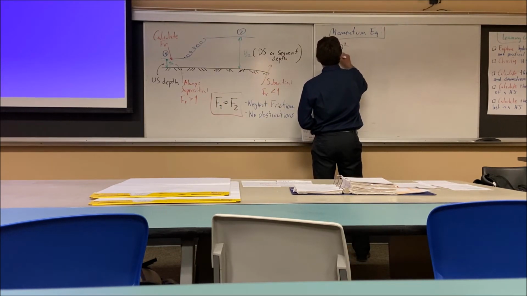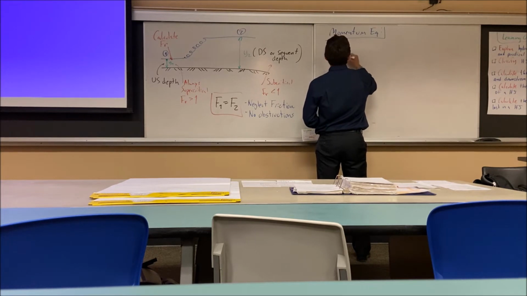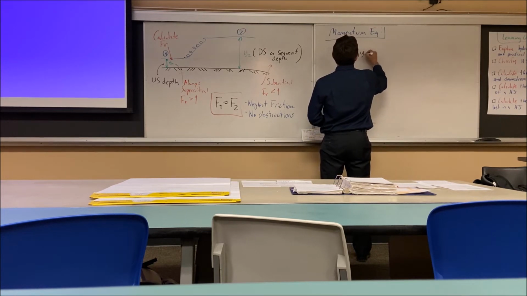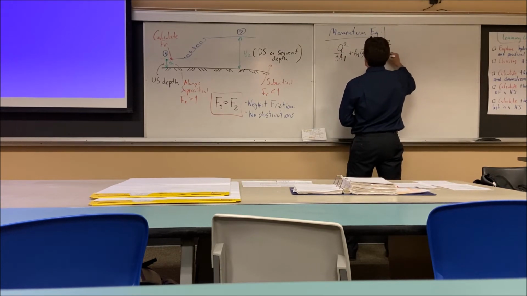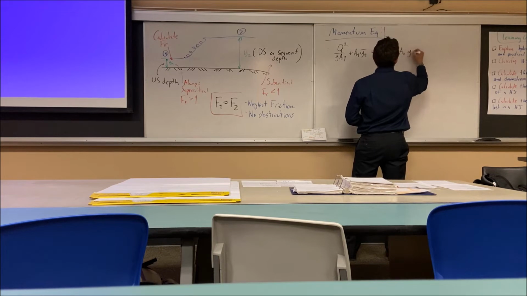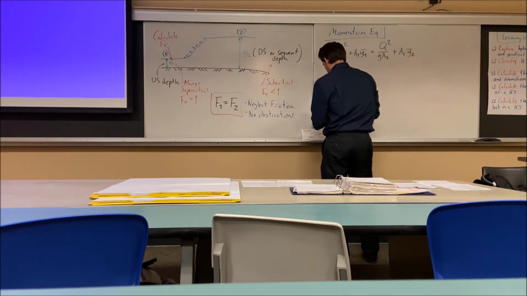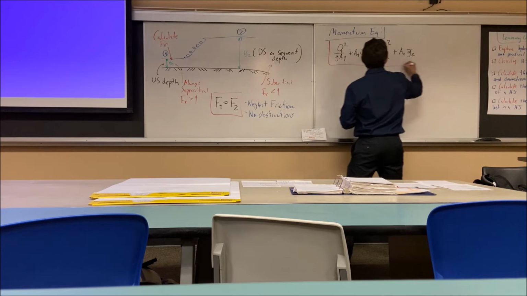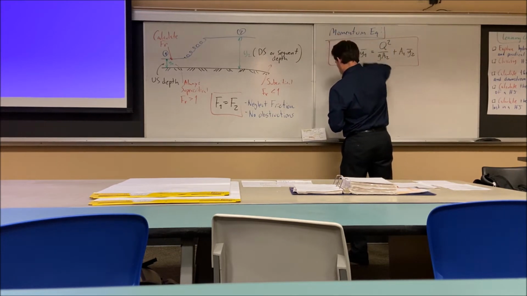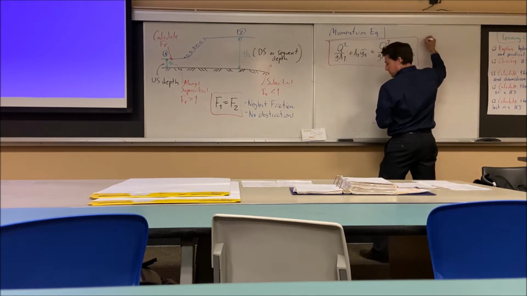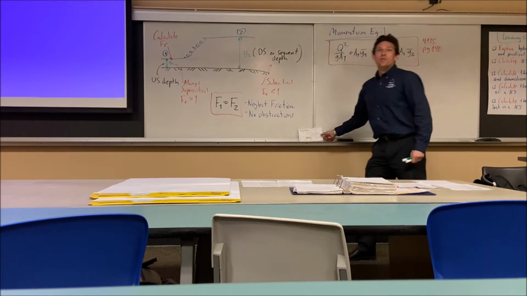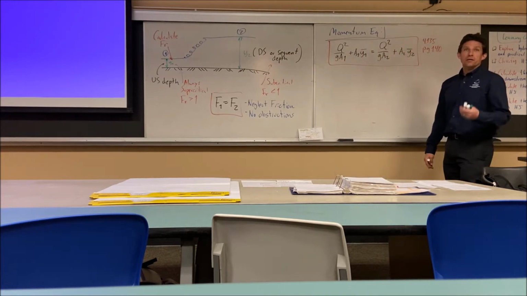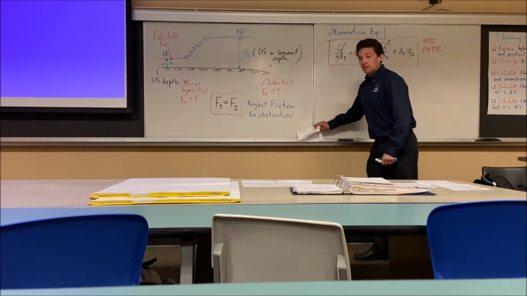It's going to be Q squared over gA1 plus A1 Y bar 1, equal to Q squared over gA2 plus A2 Y bar 2. This is equation 4.135 on page 140. This is just a recap of what we had in the previous lesson, looking at that momentum equation.